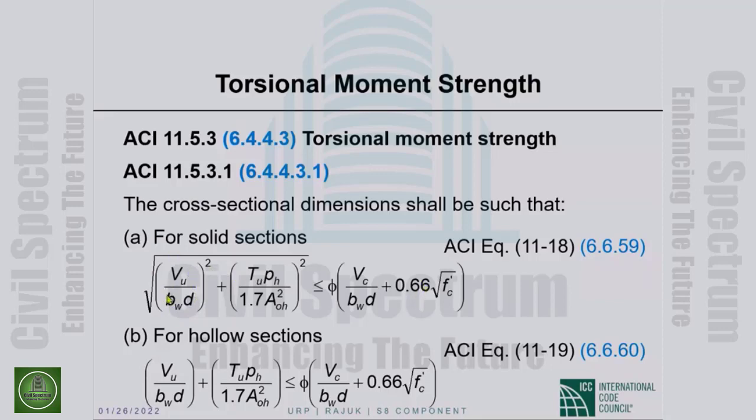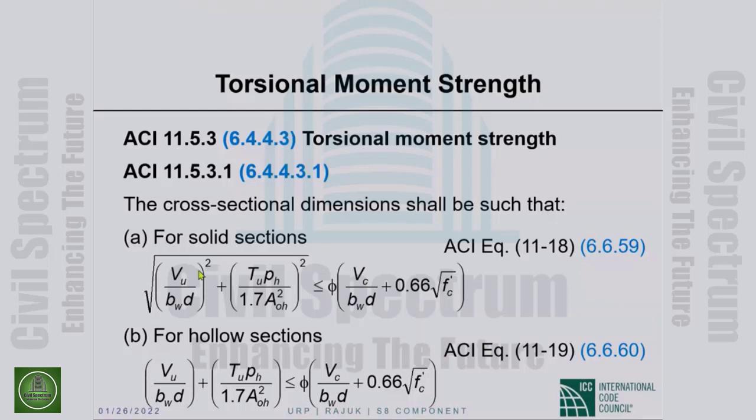So the square root of the sum of the squares of the shear stress and the torsional stress shall not be any more than phi times the shear resisted by the concrete plus 0.66 square root of f sub c prime, that is 8 square root of f sub c prime in our units.